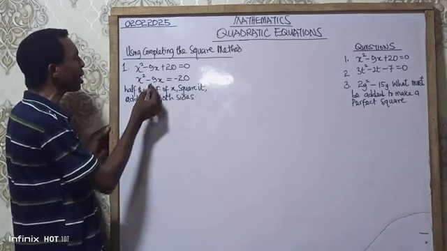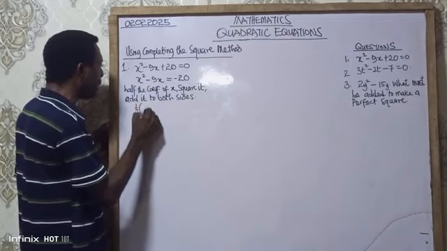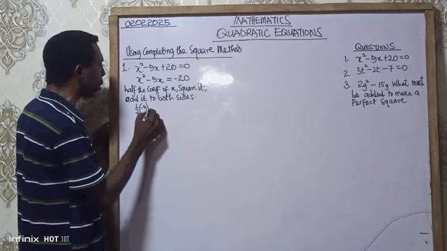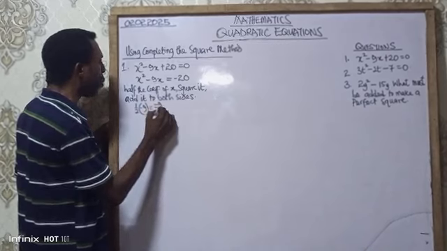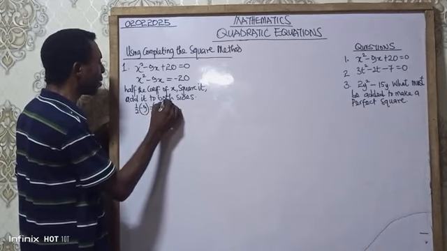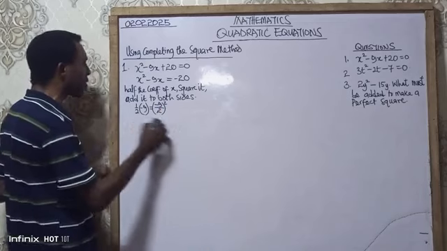So what is the coefficient of x? Minus 9. That will be half into minus 9. What will it give us? That will give us minus 9 over 2. Bracket it and square. So we are going to add it now to both sides.